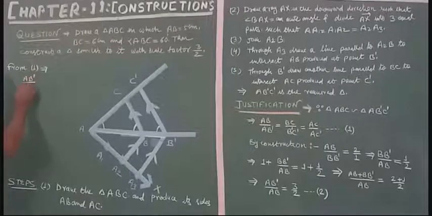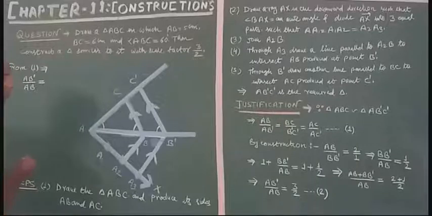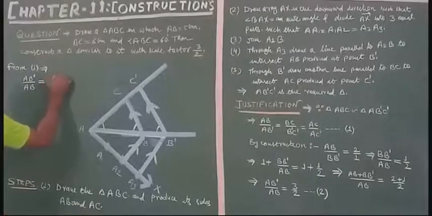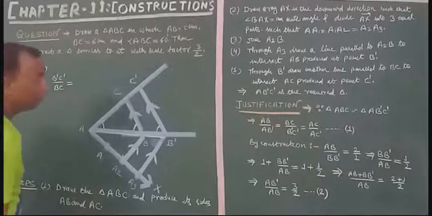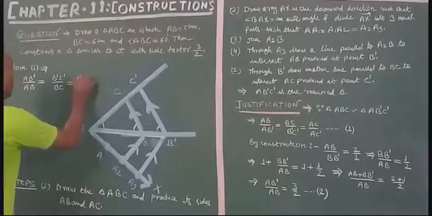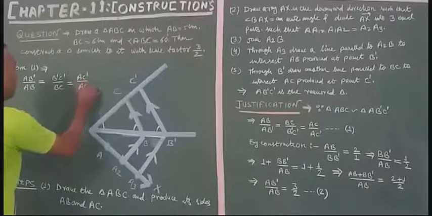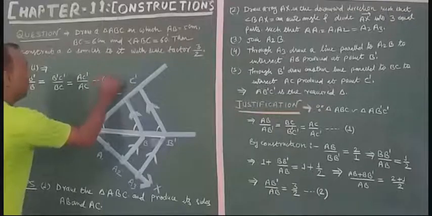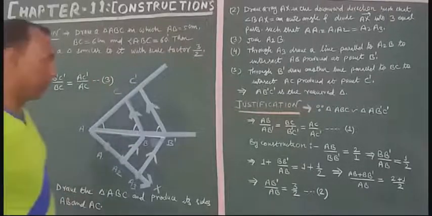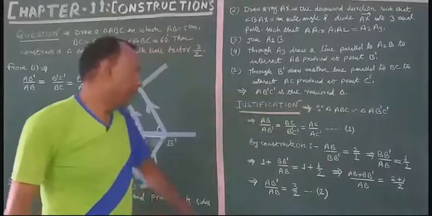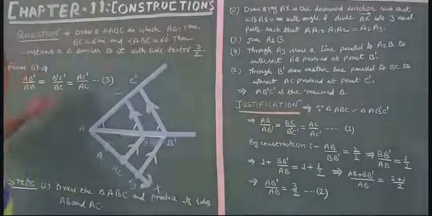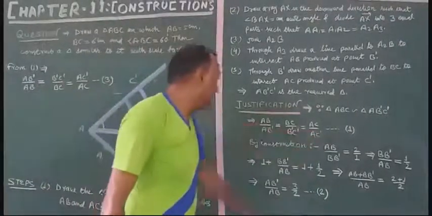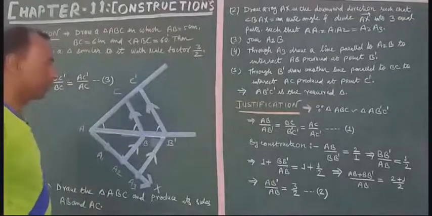AB dash upon AB is equal to B dash C dash upon BC is equal to AC dash upon AC. This is equation number third. Is it there? From first I have inverted this, I have taken the reciprocal. So AB dash upon AB is equal to B dash C dash upon BC is equal to AC dash upon AC. This is equation number third.